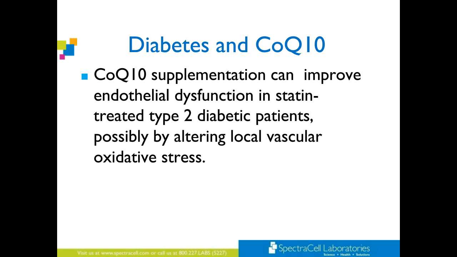So you're getting to the root of the problem. We also know that CoQ10 is related with other aspects of diabetes, such as neuropathy, and of course, you all are aware that CoQ10 deficiency can occur very easily in individuals that are taking statin medications.